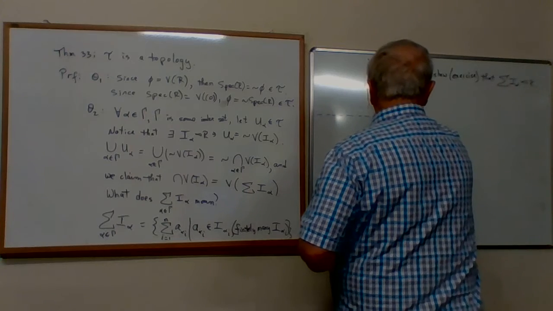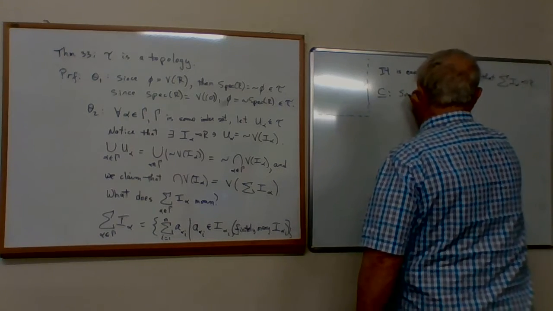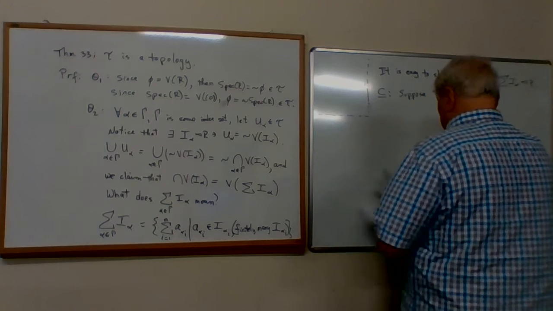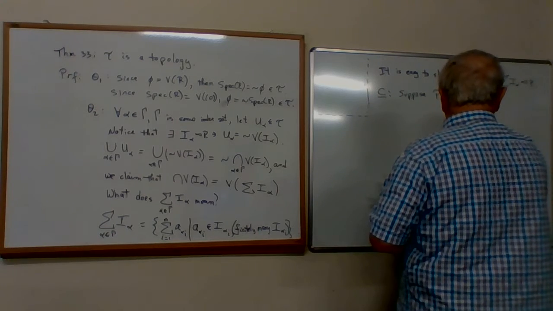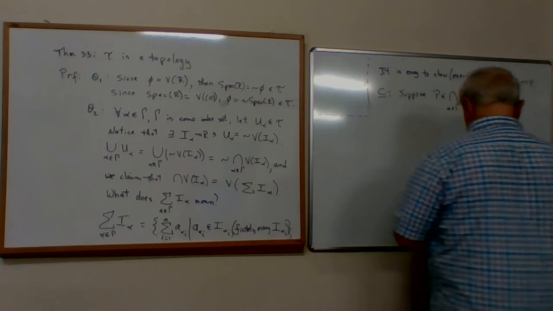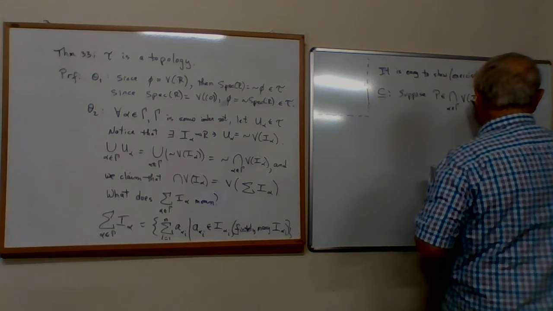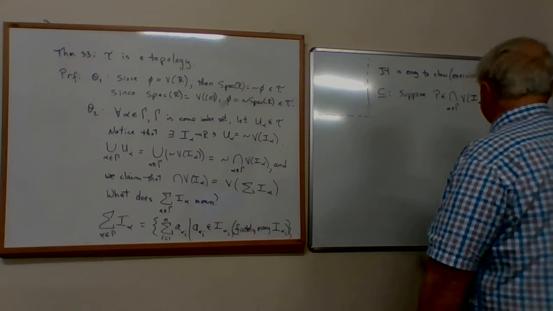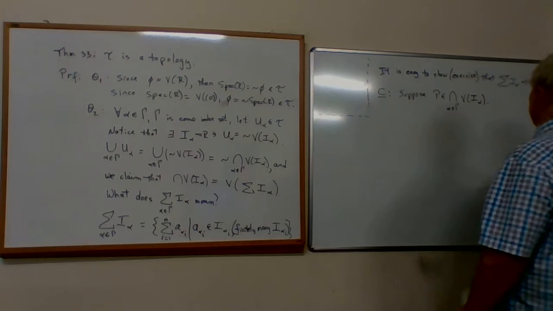So let's go this way. Suppose that P is in the intersection for alpha in gamma of V of I sub alpha. I want to show that P is actually in V of the sum, so suppose it's not.